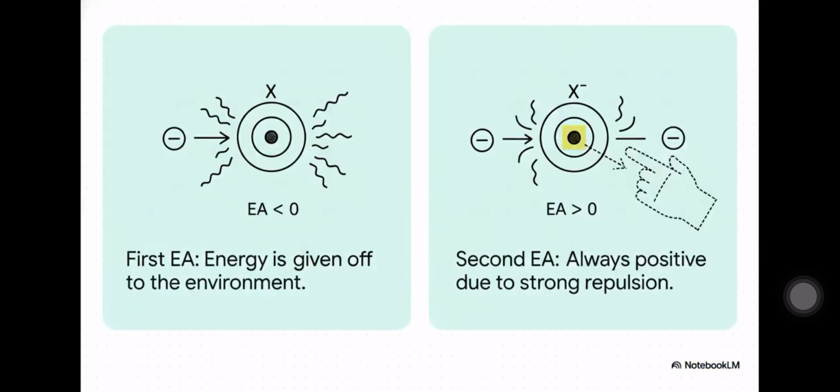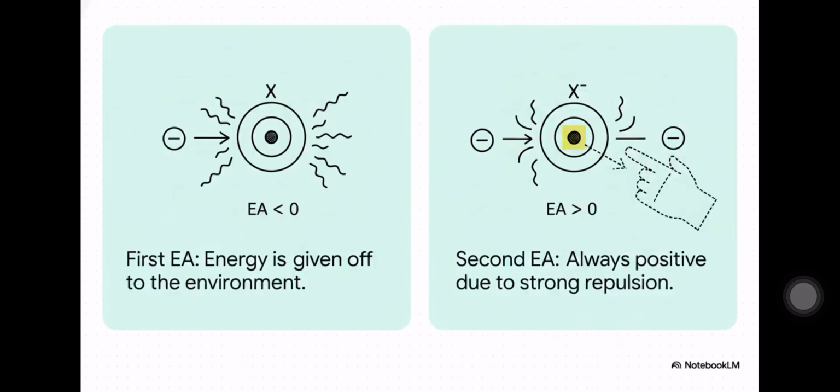electron. Now, what's really fascinating is what happens when we try to add a second electron. The first electron affinity usually releases energy, but the second electron affinity, that is always a positive value, meaning energy is suddenly required. Why?